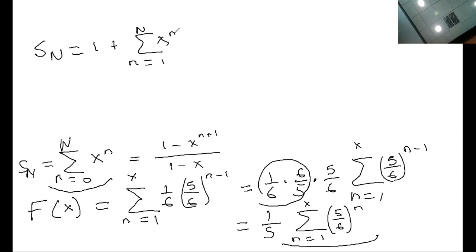Do you see that? That is, the first term is when n equals 0, and that term is 1. So S_n is this. So S_n minus 1 is equal to the sum of n equals 1 to x, I'm sorry, to n.